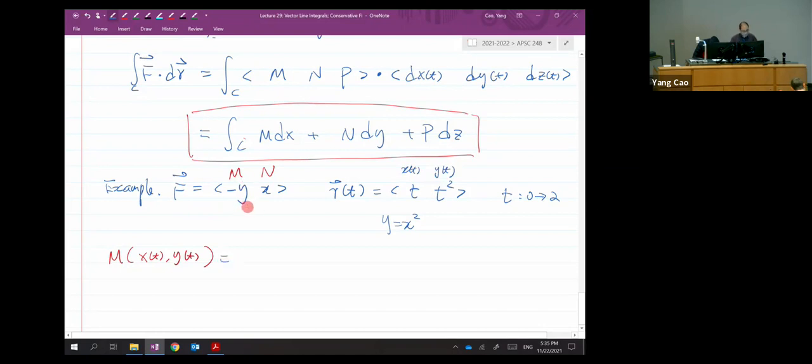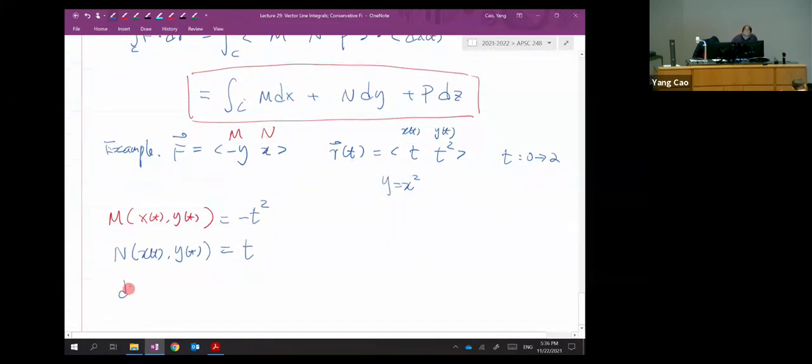M is only negative y, so you replace y with t squared, and you get negative t squared. N is just x, so you replace x with t. Now dx is actually dx of t, and dx is dt because x of t is t, so nothing needs to be done.